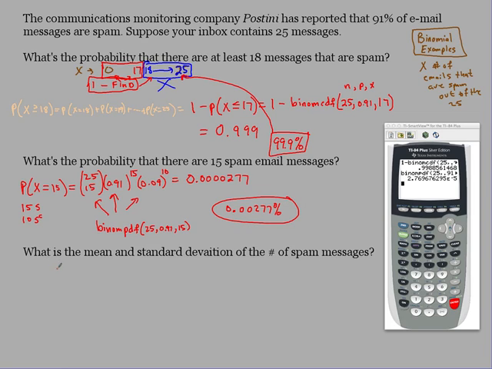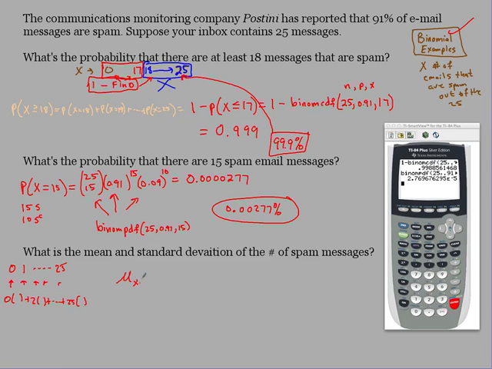Okay, so what are the mean and standard deviation? So before, we'd have to do 0, 1, all the way to 25. We had to find every probability, and then you'd have to do 0 times the first probability plus 1 times the second probability, all the way to 25 times the last probability. But luckily, since we recognize this is a binomial, we could just use the formula.